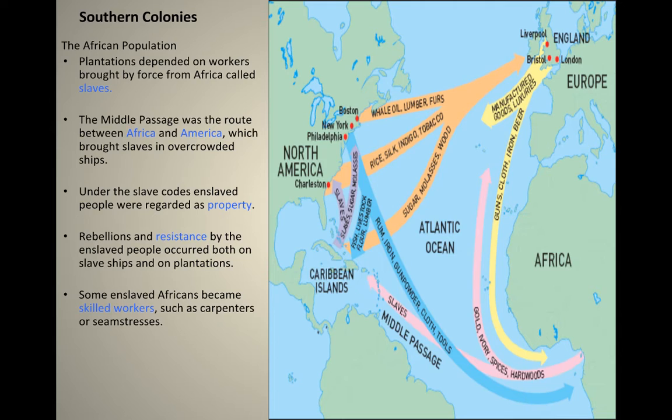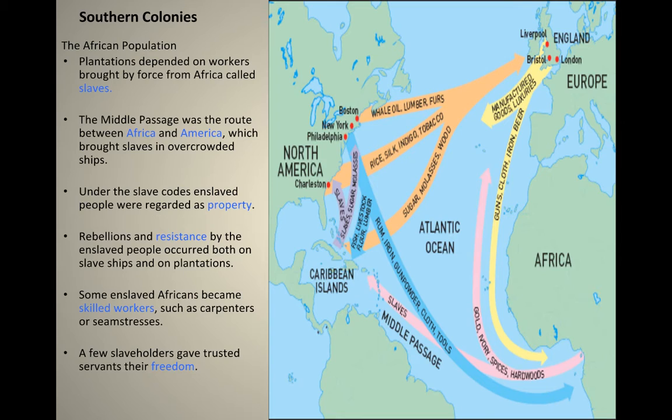Very few people became skilled workers. There were just a couple instances of slaves being able to be freed and become carpenters and seamstresses. But overall, people were enslaved and working for nothing under just brutal conditions. A few slaveholders gave their servants freedom, but once again, that was not the majority.